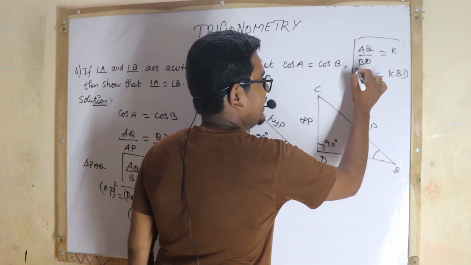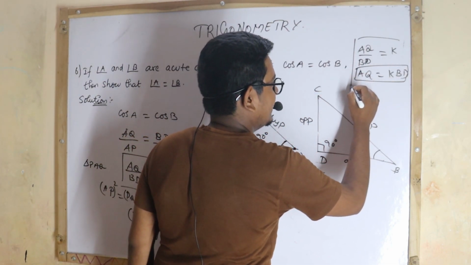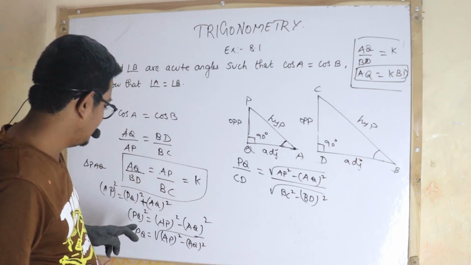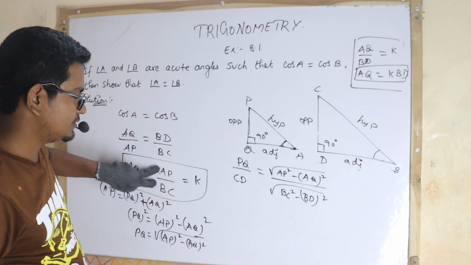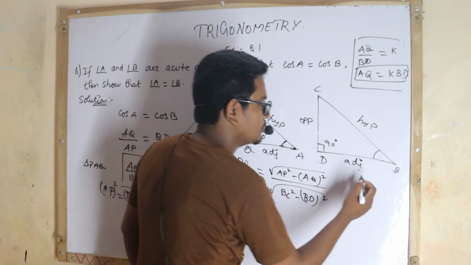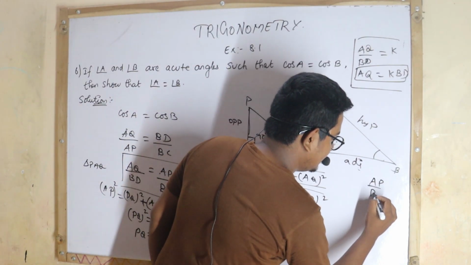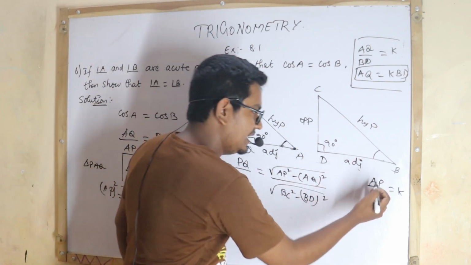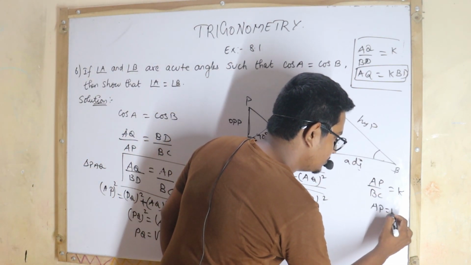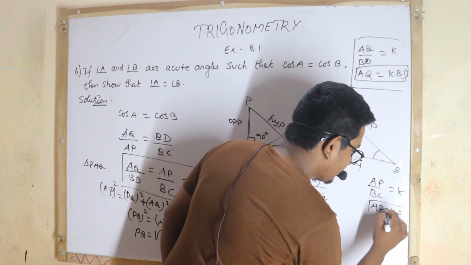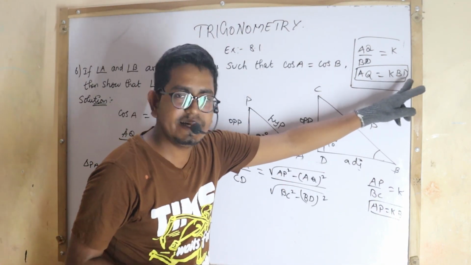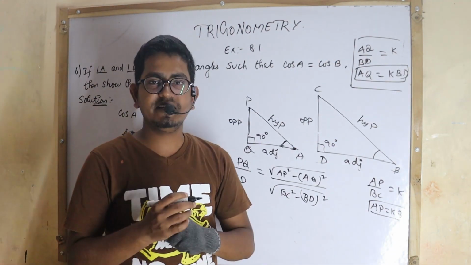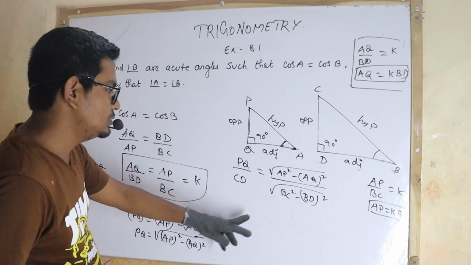This AQ is equal to K into BD. Like the same, I am applying for this expression AP upon BC is also equal to K. Therefore for AP I can write it as K into BC. So instead of AQ I can write K into BD, and instead of AP I can write K into BC. I am just going to apply this.